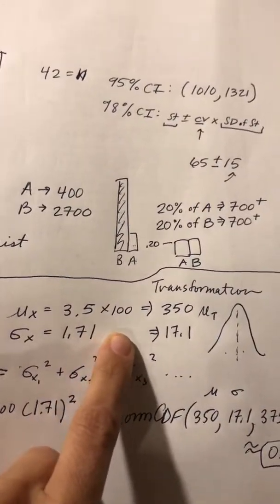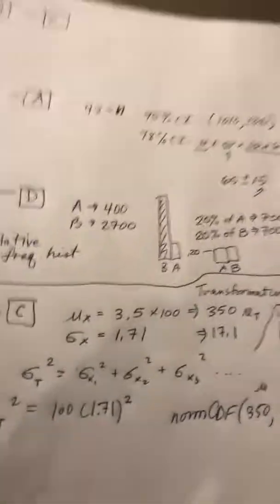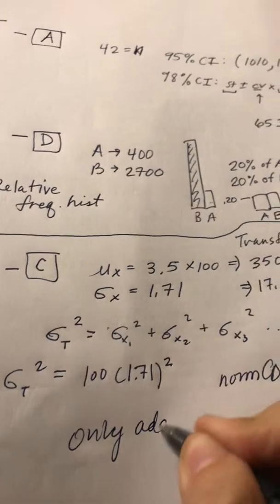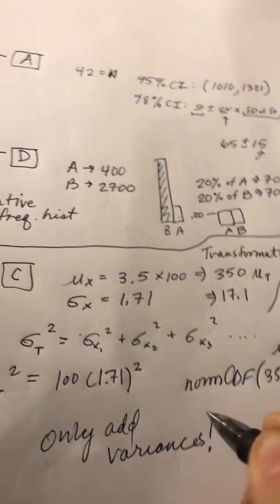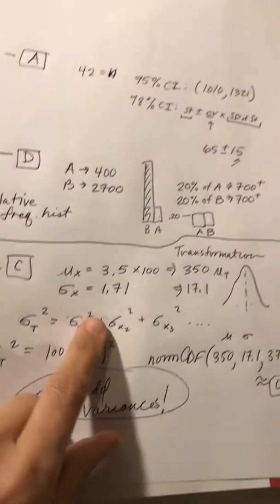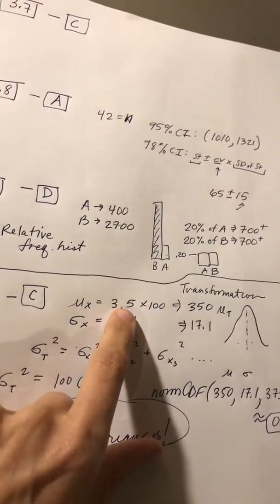We want to be able to multiply by 100, but we fall in the same trap again. We can only add variances. Eek. So we got to be really careful here, and it feels like we can add these. You know, I wanted to just add these, but oops, I can't. So let's think about this.